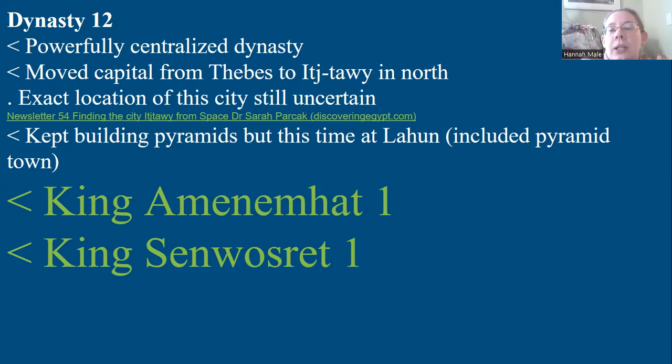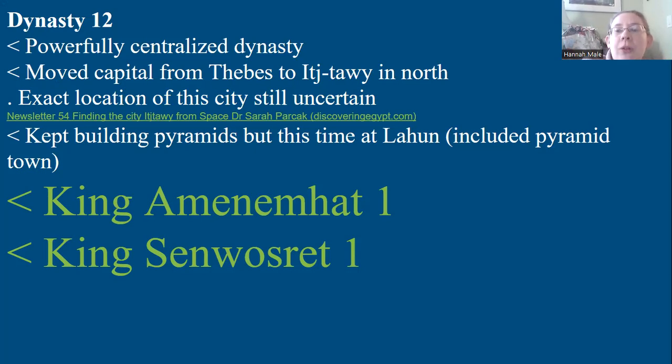And then in Dynasty 12, there's records of a new capital in the Fayum region called Ich-Taweh, somewhere in the north, and the exact location of that city is still unclear. But I think they've done some work that gives them hints of maybe where it was.